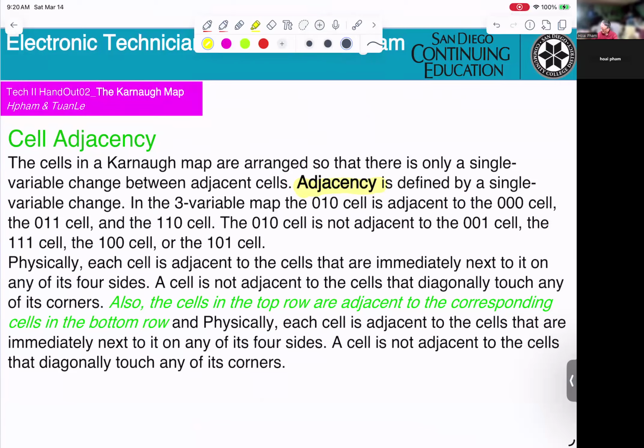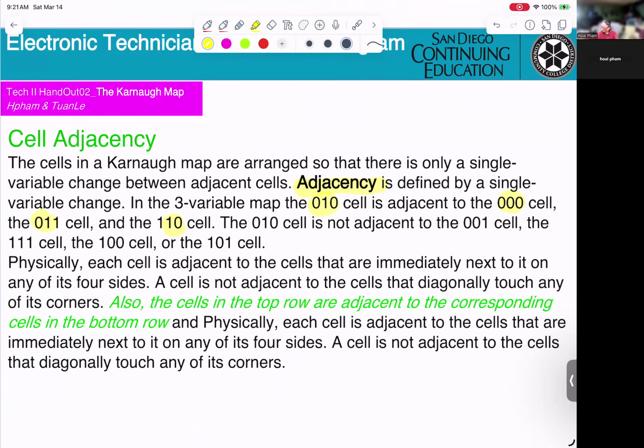In the three variable map, this one, okay, or this one, or this one. Okay, and this cell here, that's just telling you the 000 cell is not adjacent to 011.